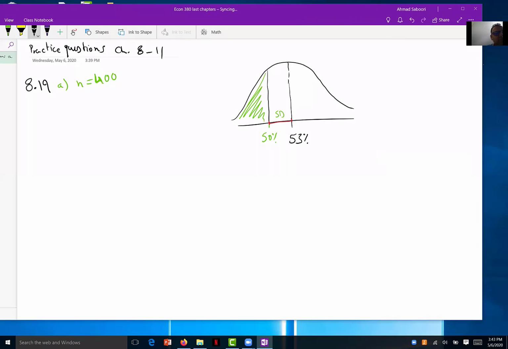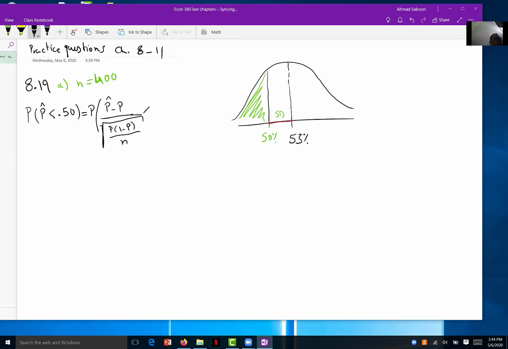So essentially what we are doing here, we are looking for the probability that my sample proportion, which is p hat, is smaller than 50%, which is, now I have to simply insert that formula. So the probability that the sample proportion minus the assumed population proportion, because what we are doing here is obviously hypothesis testing. I'm sure you guys recognize it by now. And then I divide it by the standard deviation, the square root of p times 1 minus p over n.